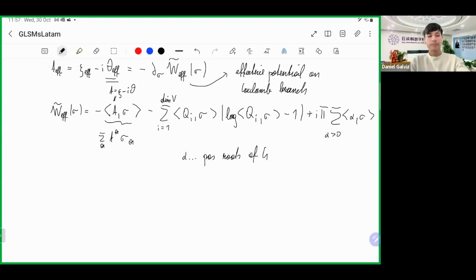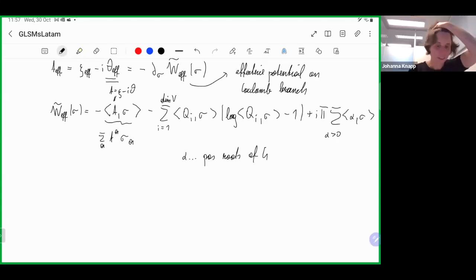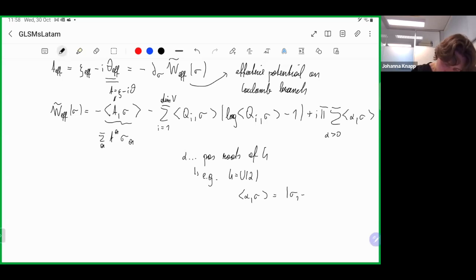Sure. Okay, good. So yeah, these are the positive roots of G. For example, for G equals U(2), the root lattice is actually the same as for SU(2). The alpha paired with sigma would be given by sigma 1 minus sigma 2.